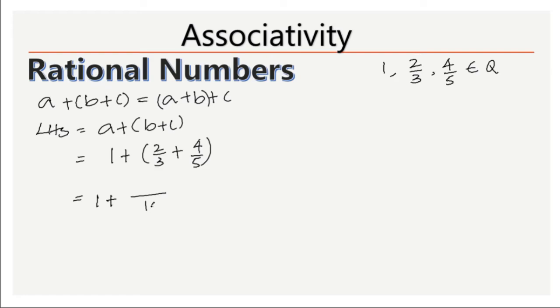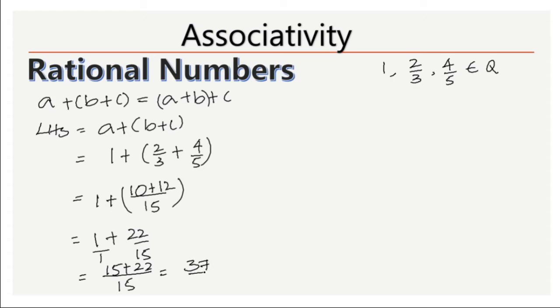The LCM is 15, hence this is 10 added to 12. So we get 1 plus 22 upon 15. The LCM of 1 and 15 is 15. So 15 plus 22, this is 37 upon 15.